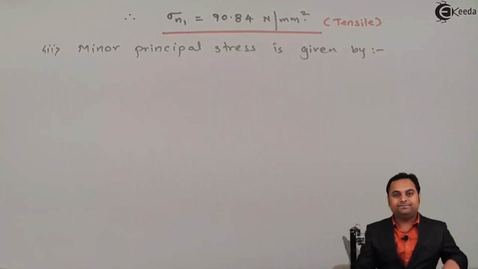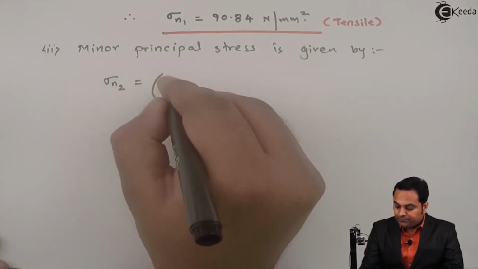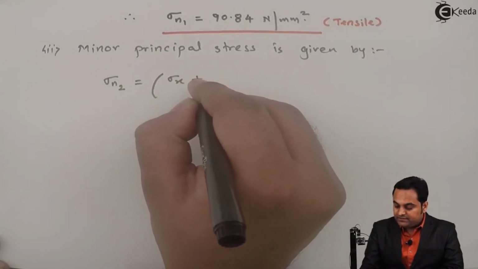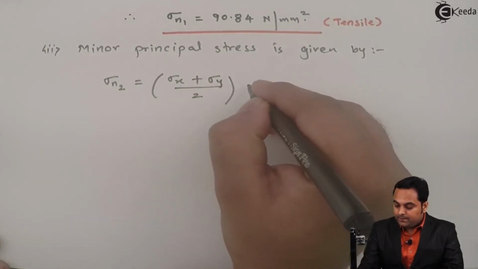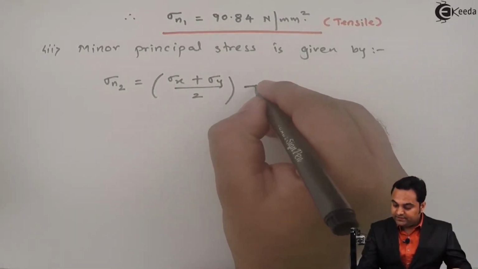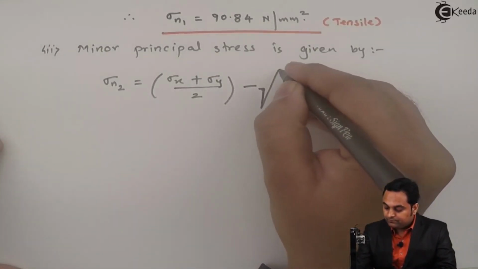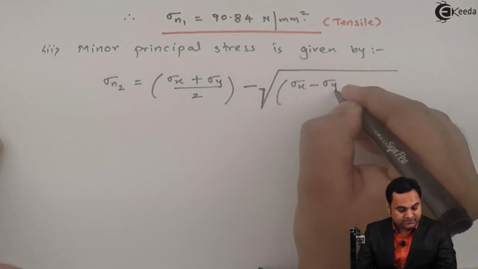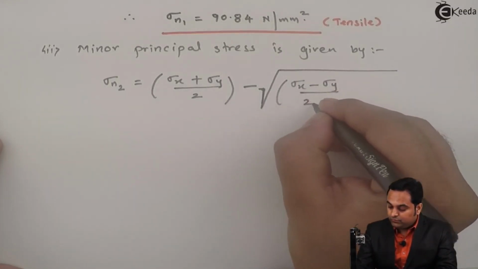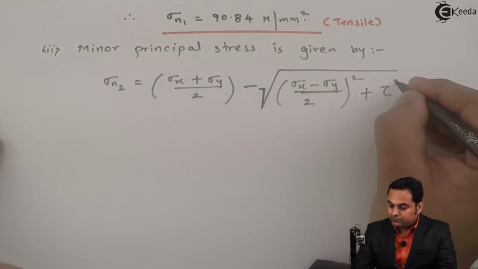is given by sigma n2 is equal to the same formula, sigma x plus sigma y by 2, then there is a negative sign, root of sigma x minus sigma y by 2 whole square plus tau square.